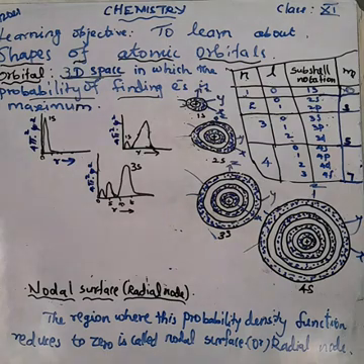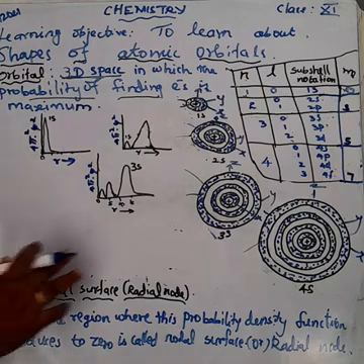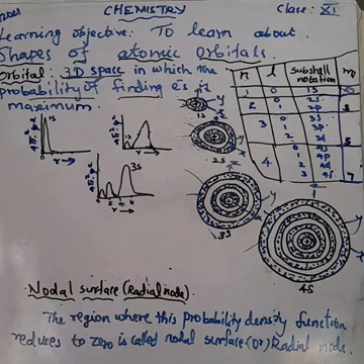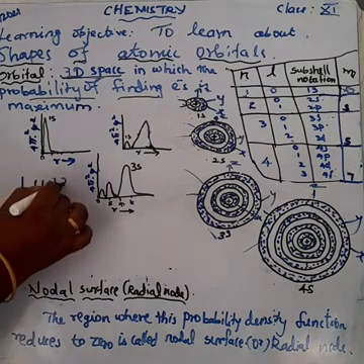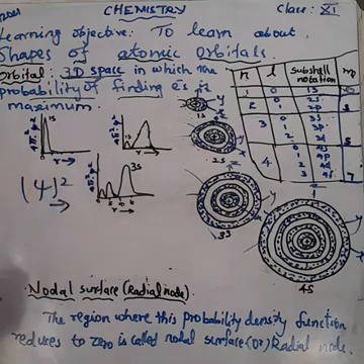Let us analyze how psi square, the wave function, varies with the distance from the nucleus and the direction from the nucleus.